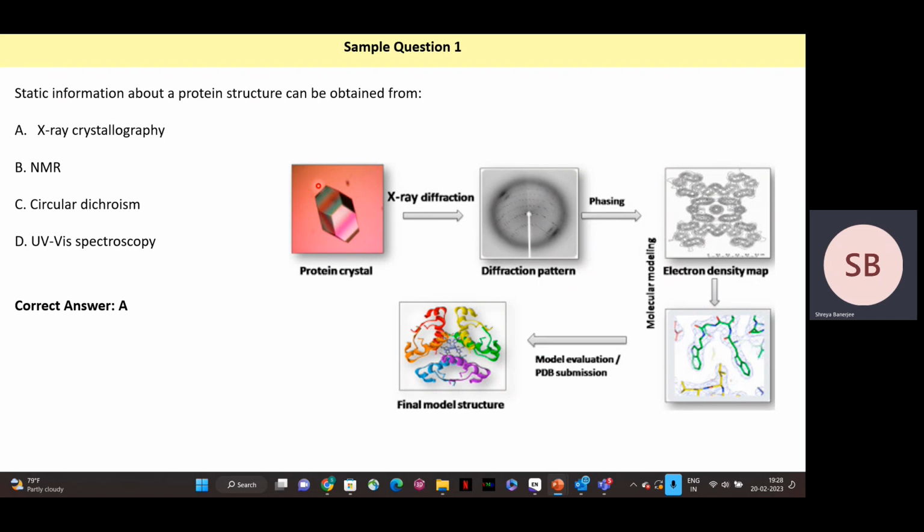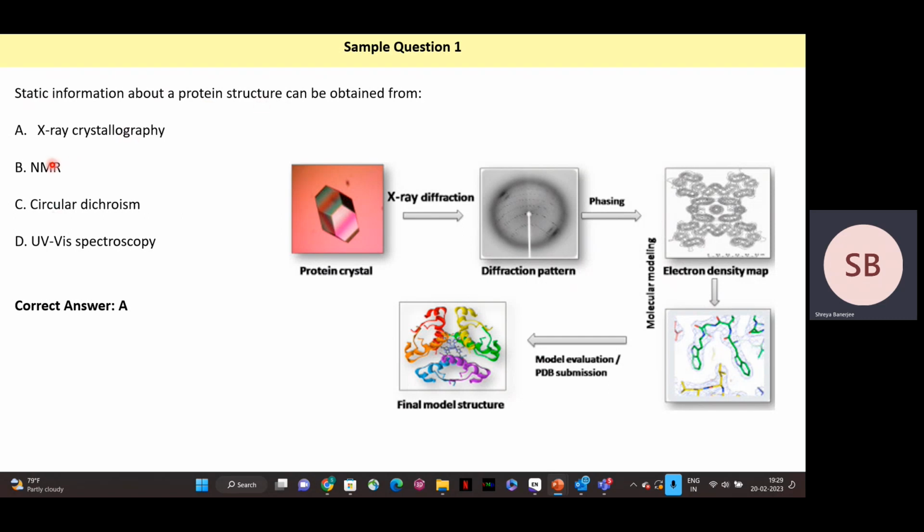Since in a crystal the protein structure is fixed or static, as you know, in solution, proteins are allowed to move about and have dynamism. But in crystals, the protein structure is static. So whatever data you get from the protein crystal is static information. And so X-ray crystallography gives you static information about the protein structure.